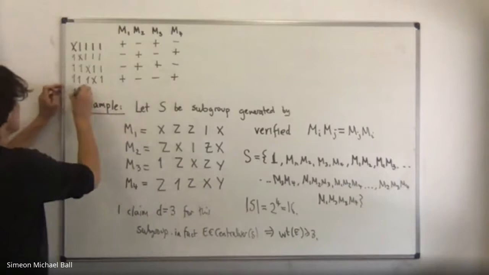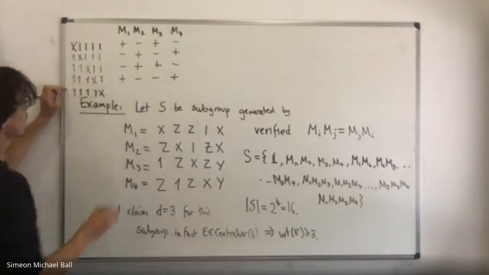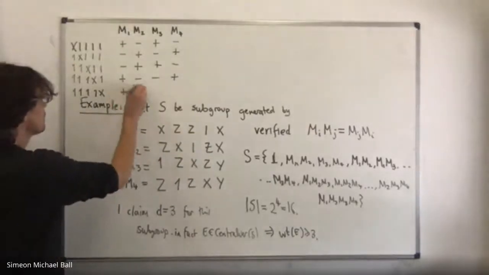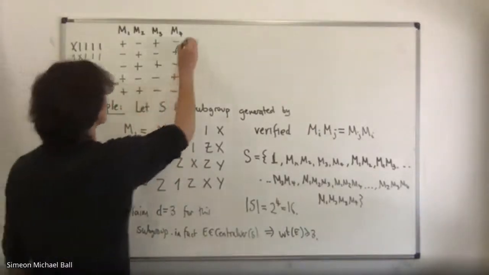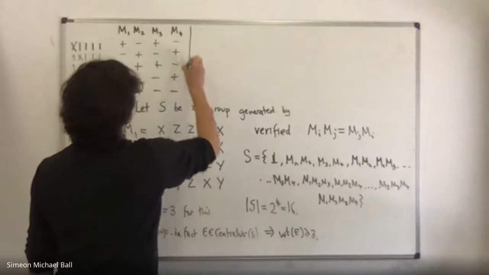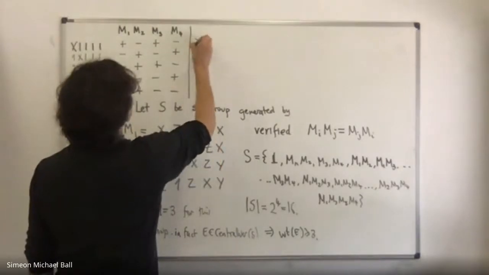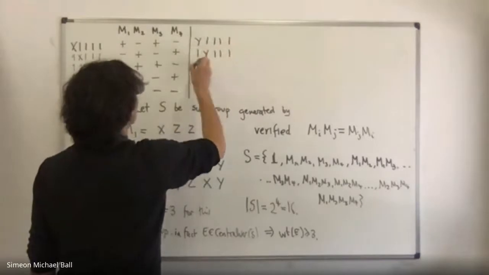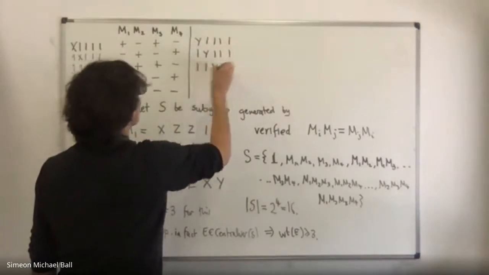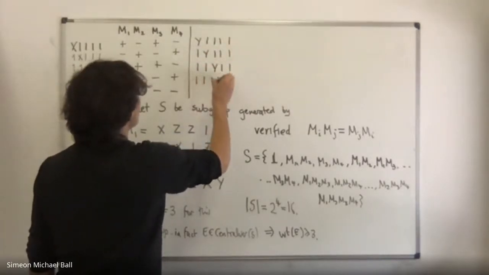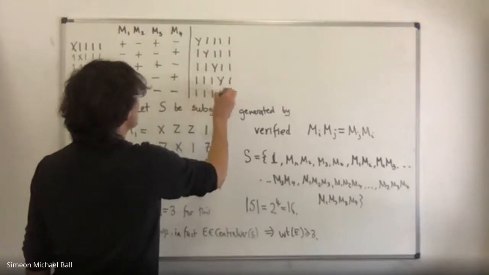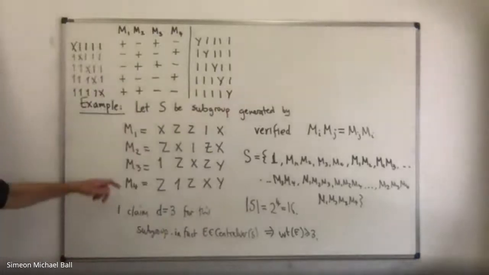And the fifth, X, I'm going to get plus, plus, minus, minus. And now I can do the same with the Y's.